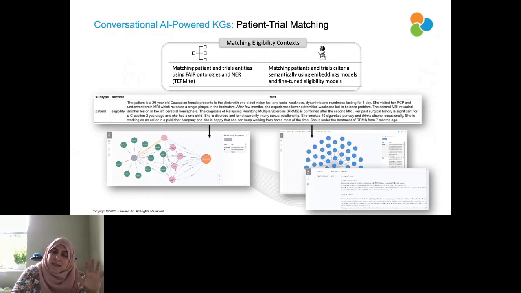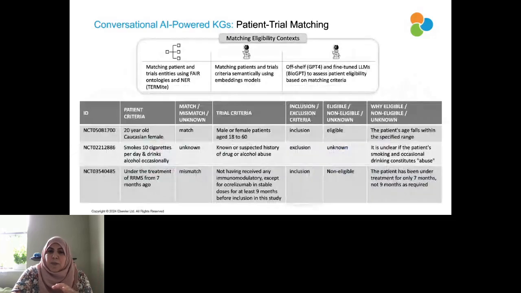This also didn't accurately work in matching patients to clinical trials. So on top of that, we have fine-tuned large language models or used off-the-shelf large language models like GPT-4 to assess the criteria between patients and clinical trials and to see exactly if they match or not, eligible or not, and why. And this actually produced better results.